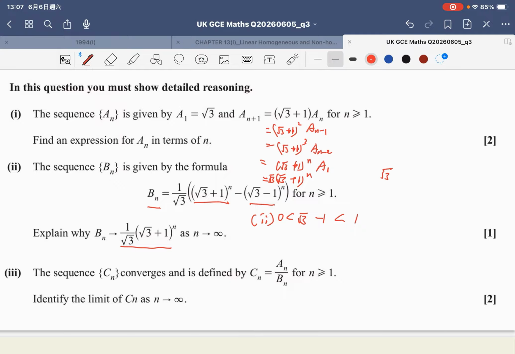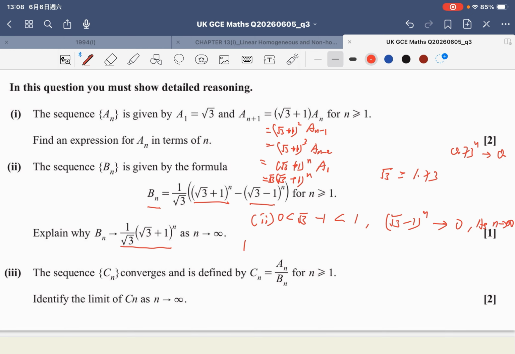Root 3 is roughly 1.73, so root 3 minus 1 is about 0.73. If it is raised to the power n, as n tends to infinity, it tends to 0. Therefore, root 3 minus 1 to the power n tends to 0 as n tends to infinity.